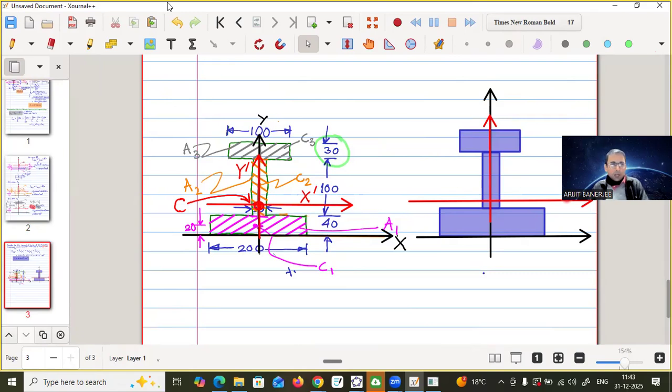Okay. Now what I do is, instead of using the parallel axis theorem, I will take a general strip, any general strip here, say for example here.